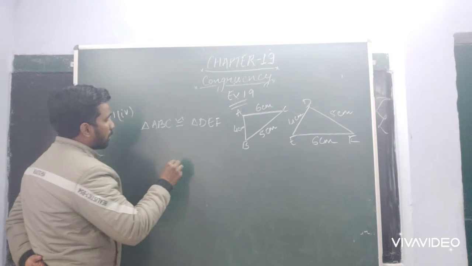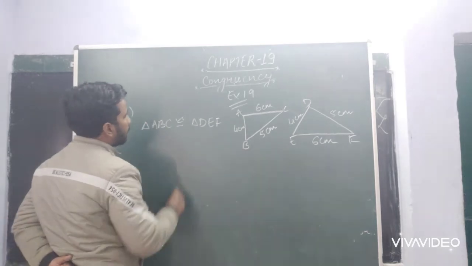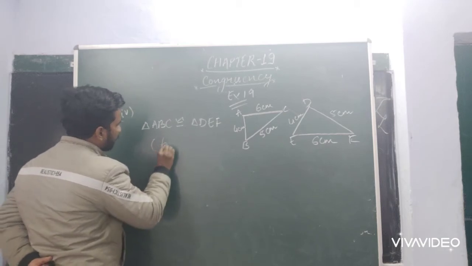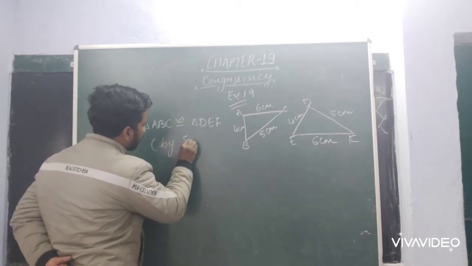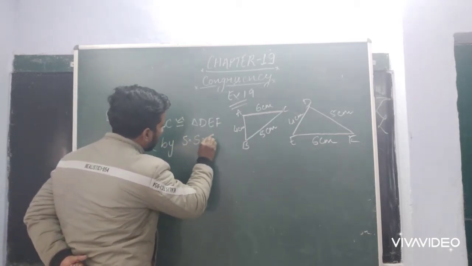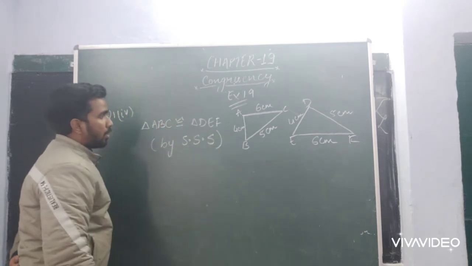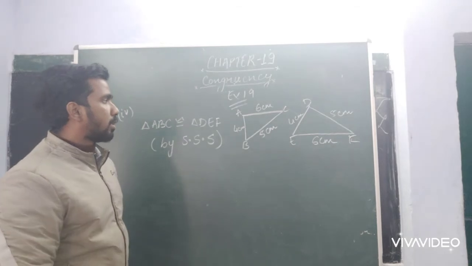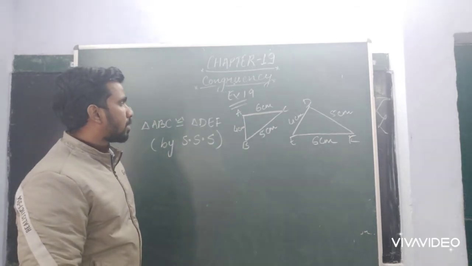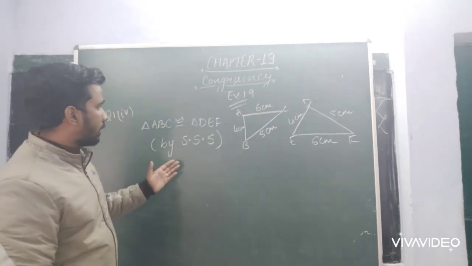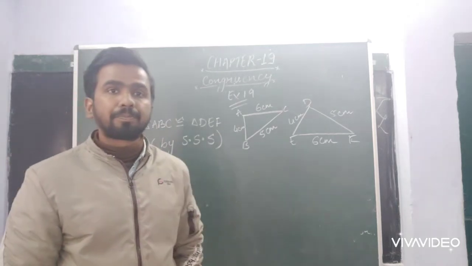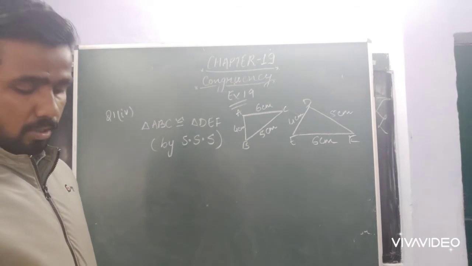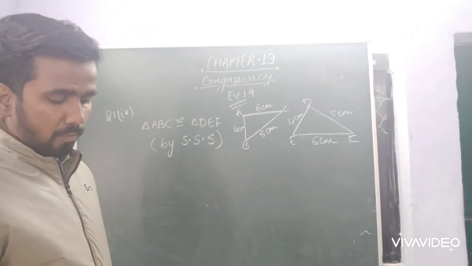Understood? So we can say that triangle ABC is congruent to triangle DEF by the condition side, side and side. Clear? In this, the lengths are similar. That is why side, side, side. Clear? Take a look. Then we will move on to our next question.